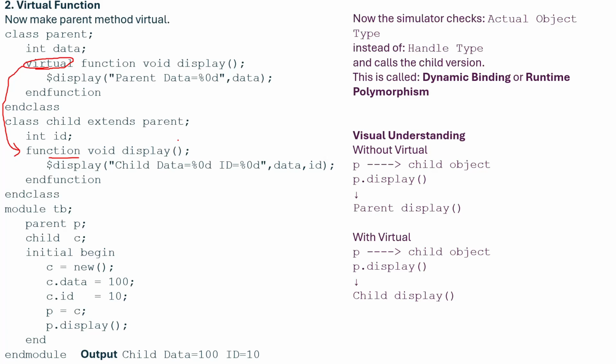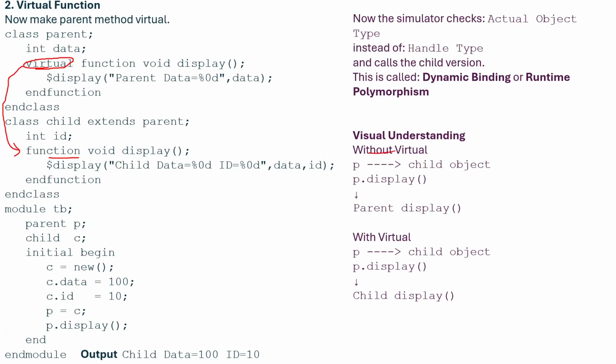That is called dynamic binding, because these virtual methods are resolved during simulation time. Whatever methods we have will be called during simulation time.